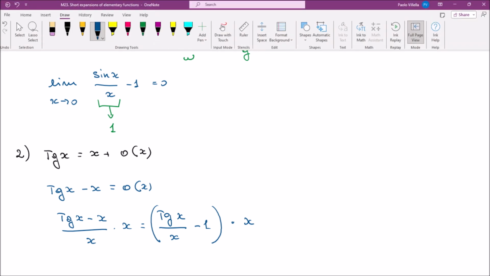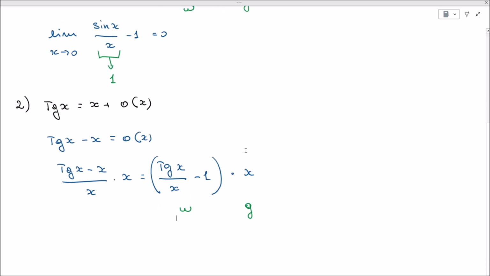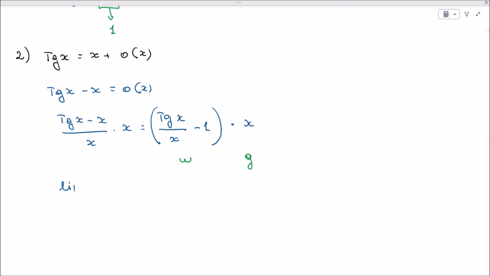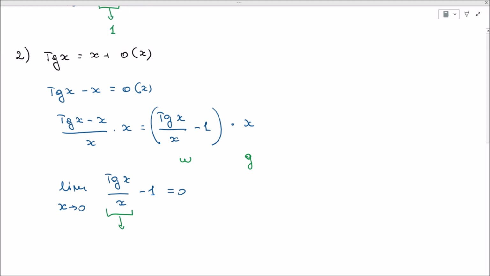And we recognize once again that this is g and this is omega. So we are now led to the limit x goes to 0 of tangent of x divided by x minus 1. But we know that this is 0 because this is another fundamental limit that will tend to 1. Okay, so this is another expansion proved.